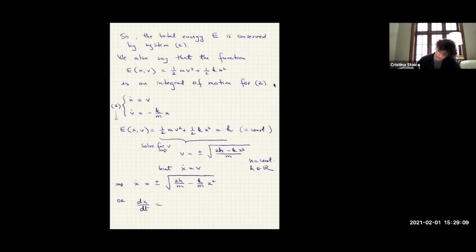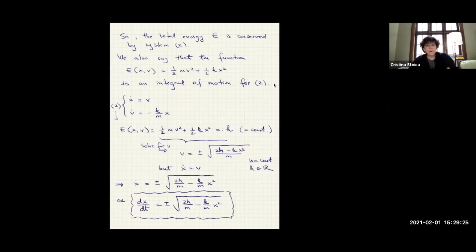This is just a first order ODE. So using this integral of motion, we reduced our system of two equations to one equation. This is a first order ODE in x, just in x. There is no v in it.